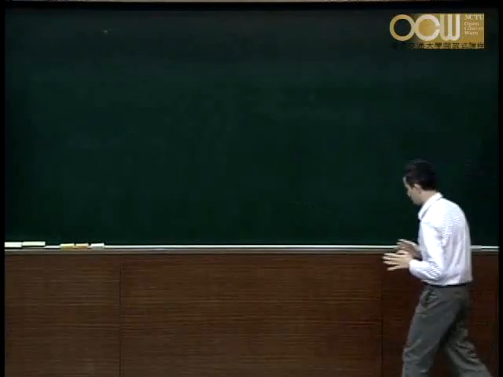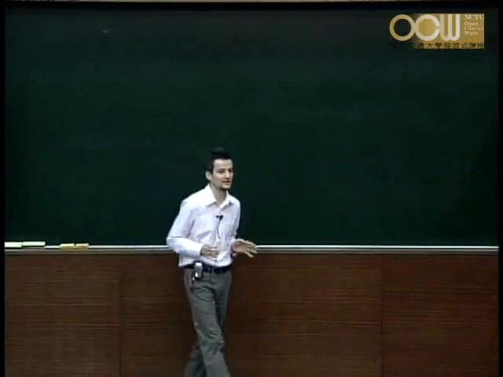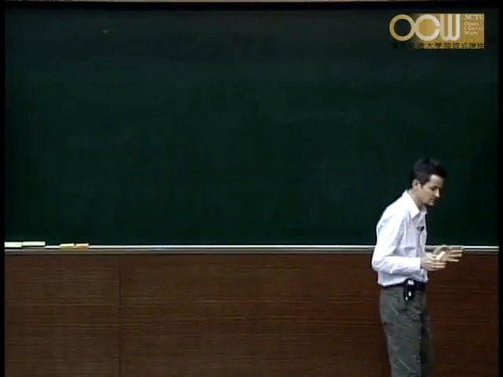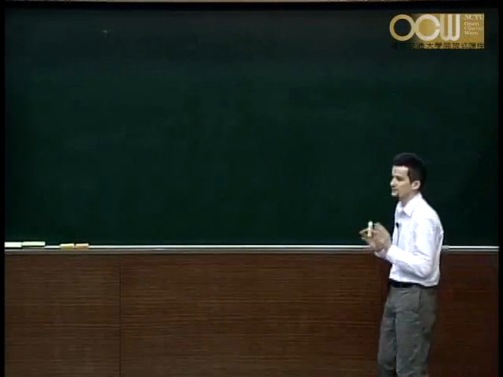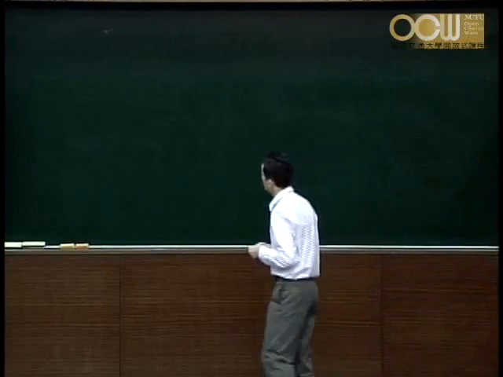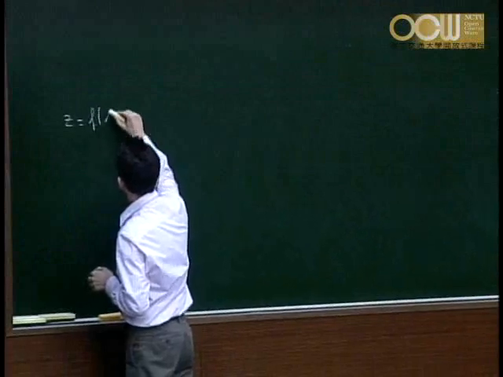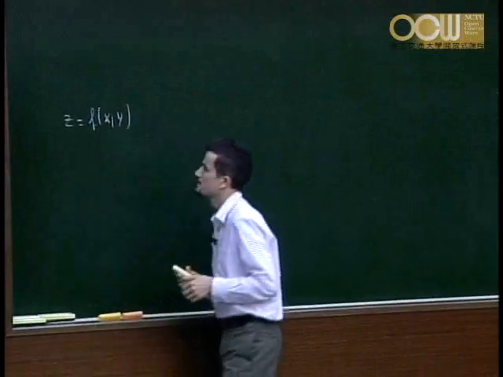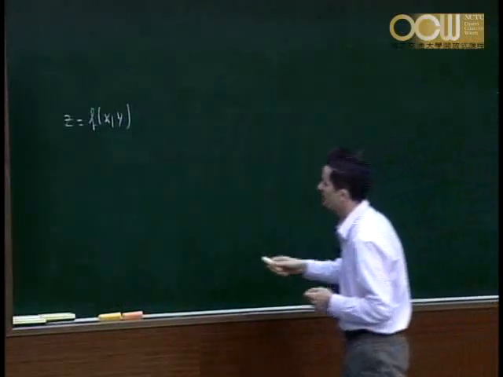Okay, so the goal of the lecture today is to find a definition of differentiability for a function, first for two variables and then more than two variables. So we look at a function of two variables, and last time we have already defined the partial derivatives.